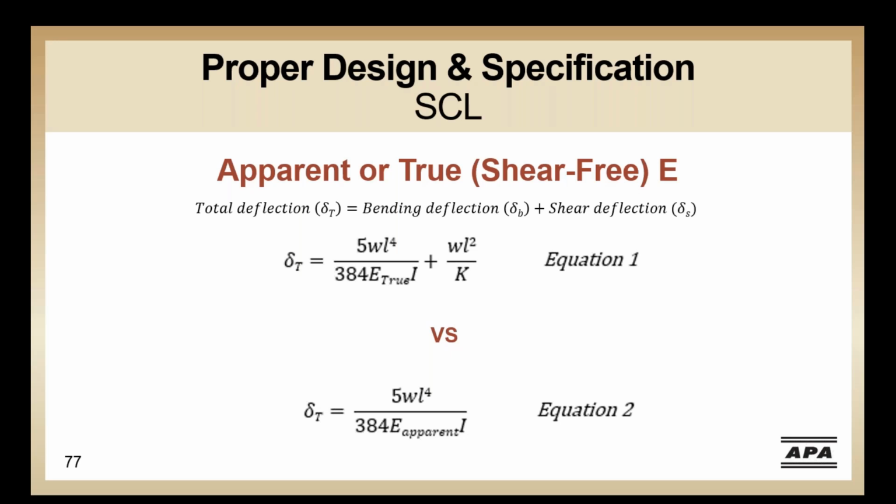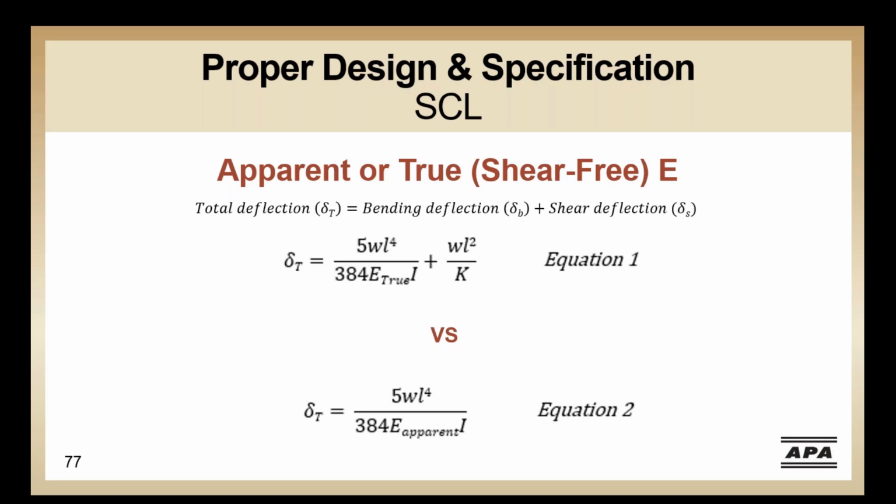This is represented with the two-term equation shown here, equation 1. However, for prismatic bending members, the shear deflection under design load is generally small compared to the bending deflection. So for simplicity and practicality, it is customary to use the apparent modulus of elasticity for the calculation as shown here in the one-term equation, equation 2.